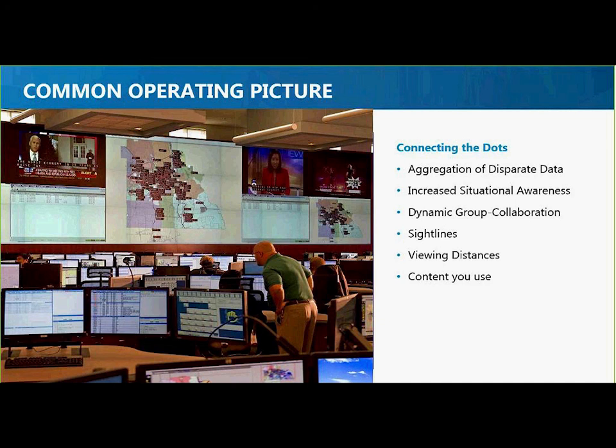But to me, the common operating picture is just a great piece of real estate, a video wall, or even independent large-screen 4K monitors, for example, to aggregate all the disparate data that you have and put it in a single place.